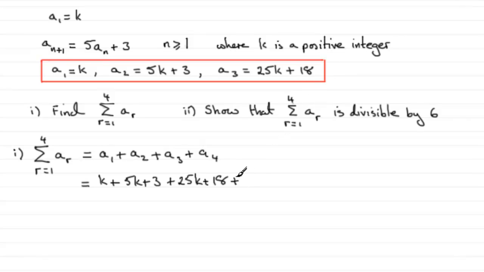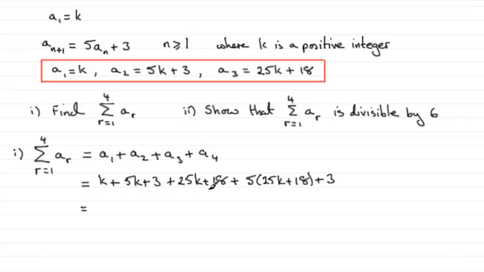So to get A4, remember I've got to let n equal 3, so A4 would be 5A3 plus 3, so it's going to be 5 lots of A3, and A3 was this value here, so 5 lots of 25k plus 18, and then add the 3 on the end. So this is all of the term A4.